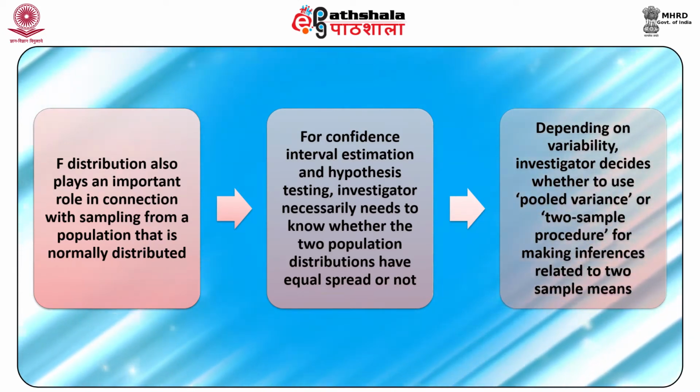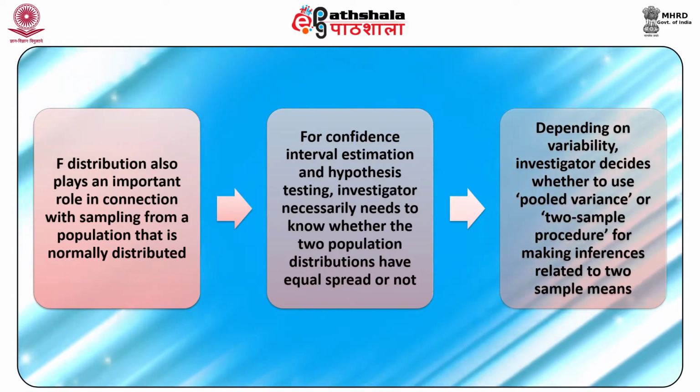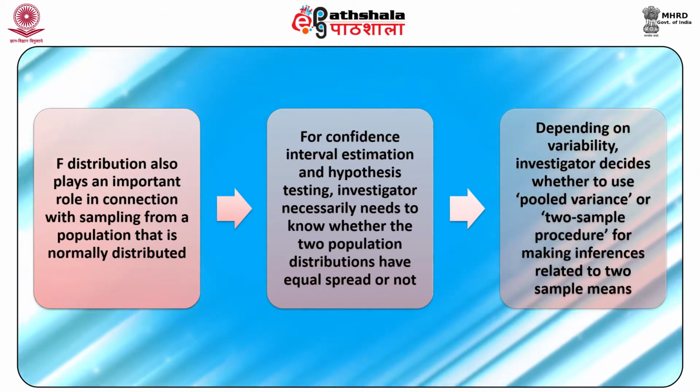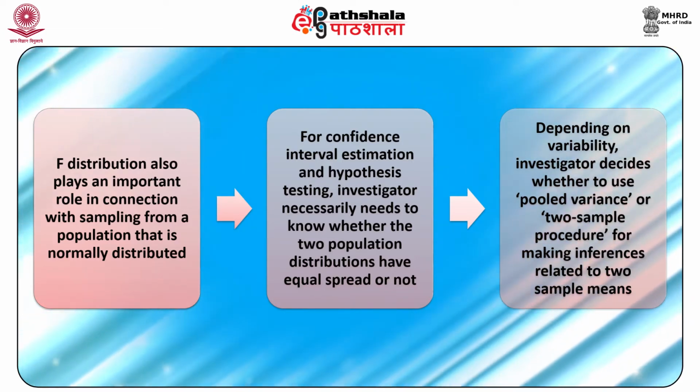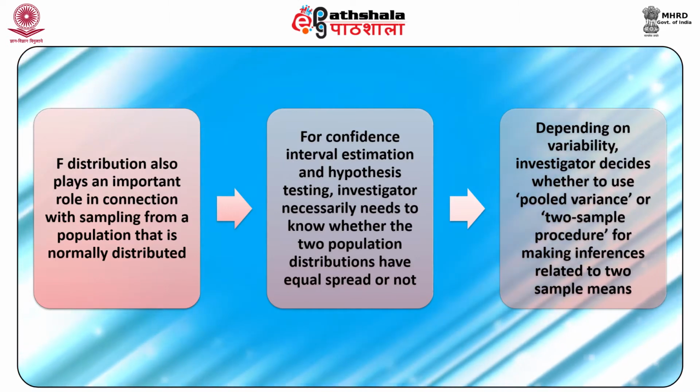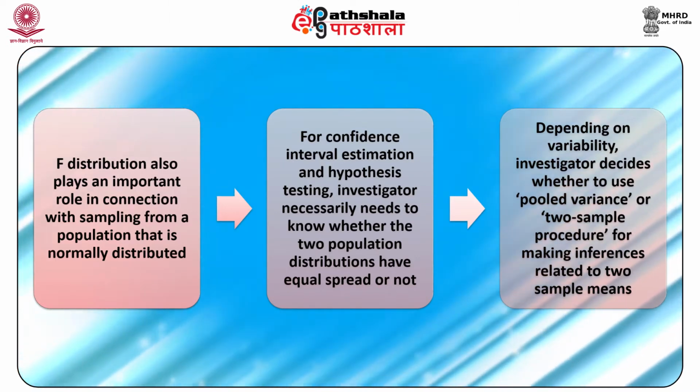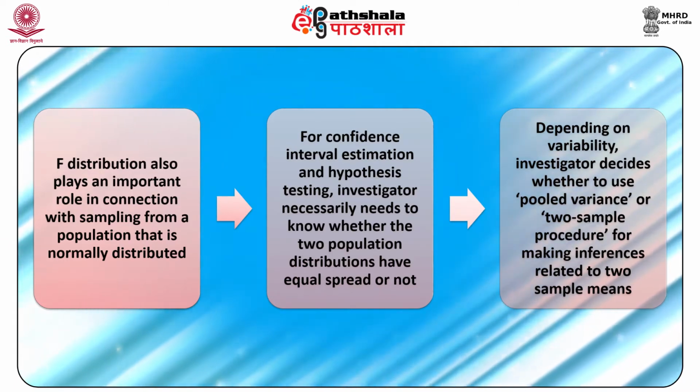Because depending upon the variability of the two distributions, the investigator decides whether to use pooled variance or two-sample procedure for making inferences related to two-sample means. If the two distributions have equal variances, then a common, also called pooled variance, must be estimated from the sample data before proceeding with the final analysis.